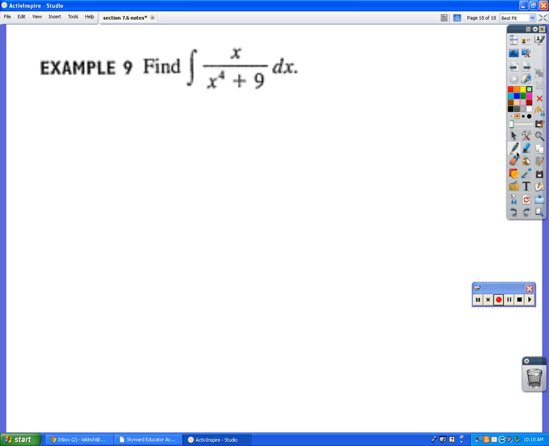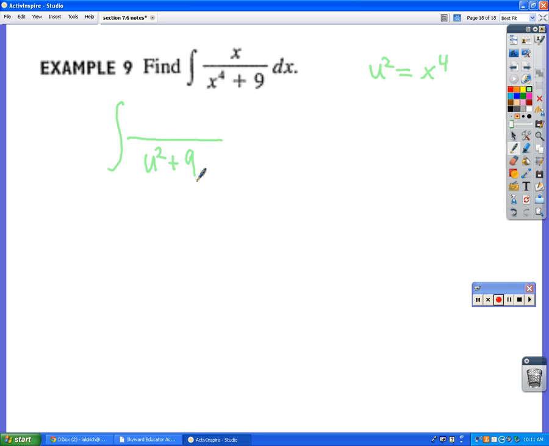I want it to look like 1 over x squared plus something. So I'm going to let u squared equal x to the 4th. That immediately changes this into something closer to what we wanted, because I have u squared plus 9.